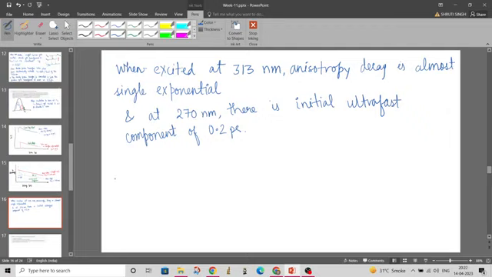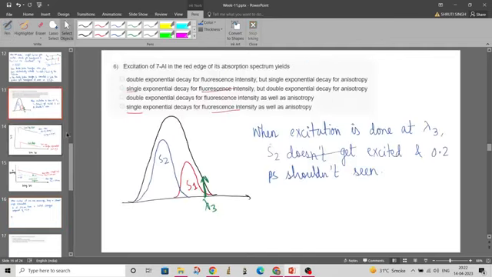So from this they confirmed that, okay, so to answer this question, the answer is now clear that it is single exponential for both decay of the fluorescence intensity and decay of anisotropy. The answer is B.